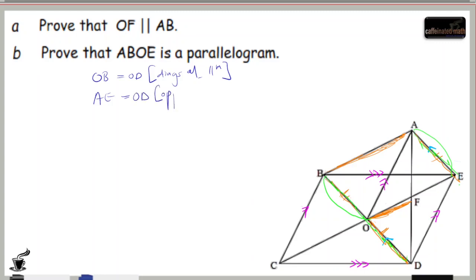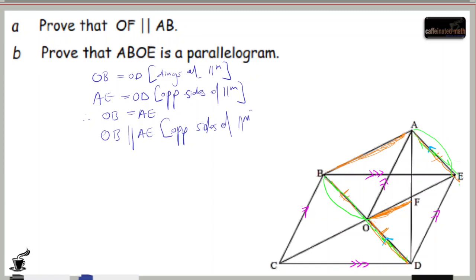Now, opposite sides of a parallelogram. Therefore, OB is equal to AE. And we straight up say that OB is parallel to AE. Again, opposite sides of a parallelogram. Given one. Now, what do we have here? Well, we have the opposite sides of a quadrilateral that are both equal and parallel.